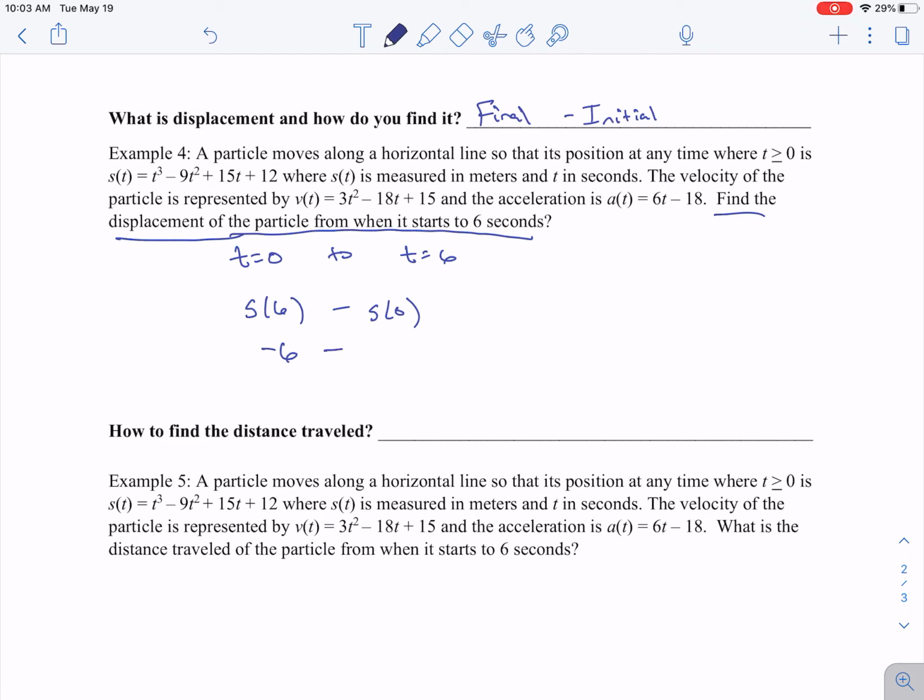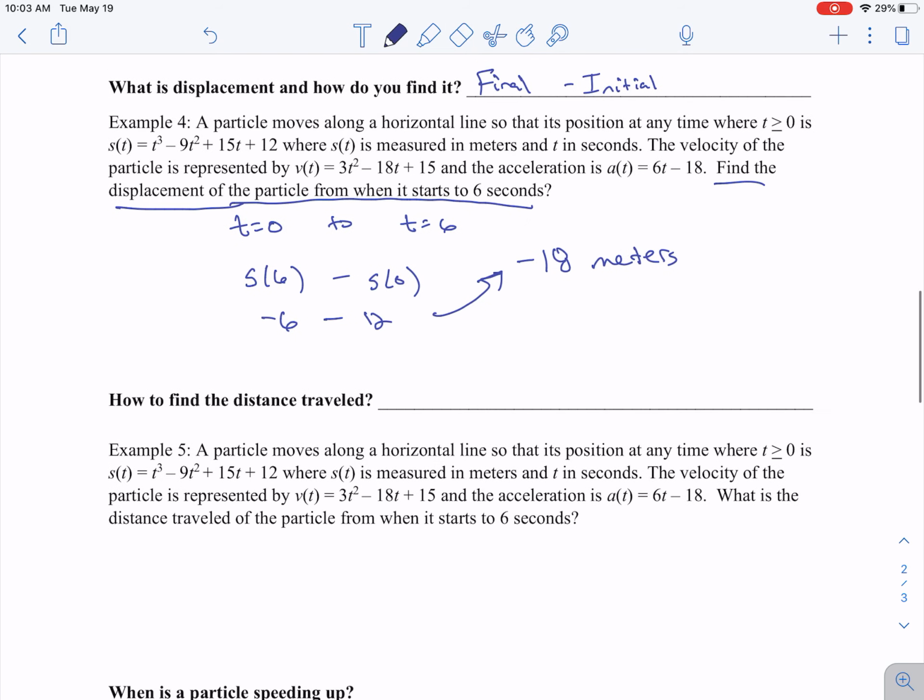Minus, plug in a 0 into that equation, and you're going to get a 12. So -6 minus 12, and that's going to be -18 meters. So after 6 seconds, we are 18 meters away from where we started. That's what displacement is.